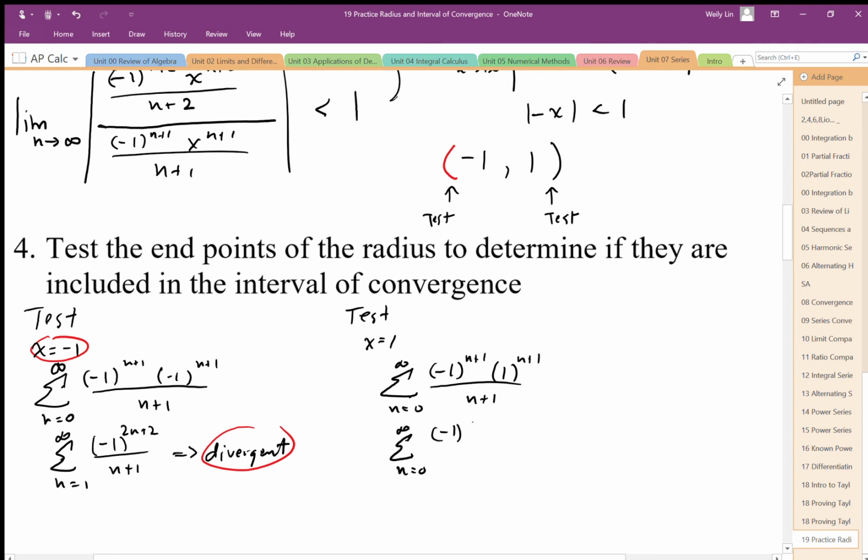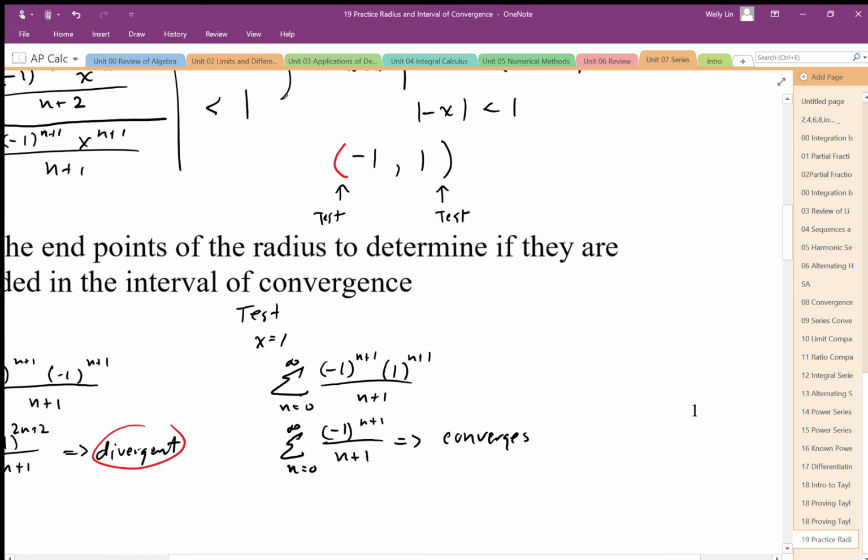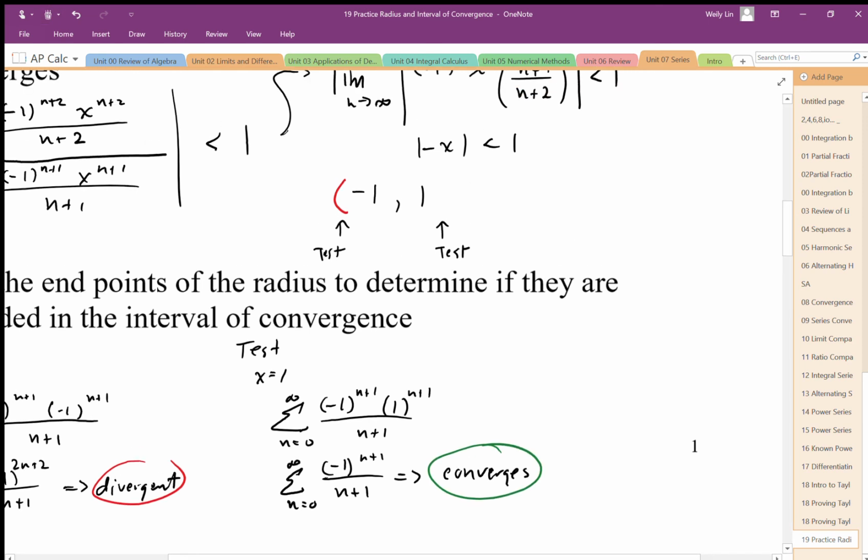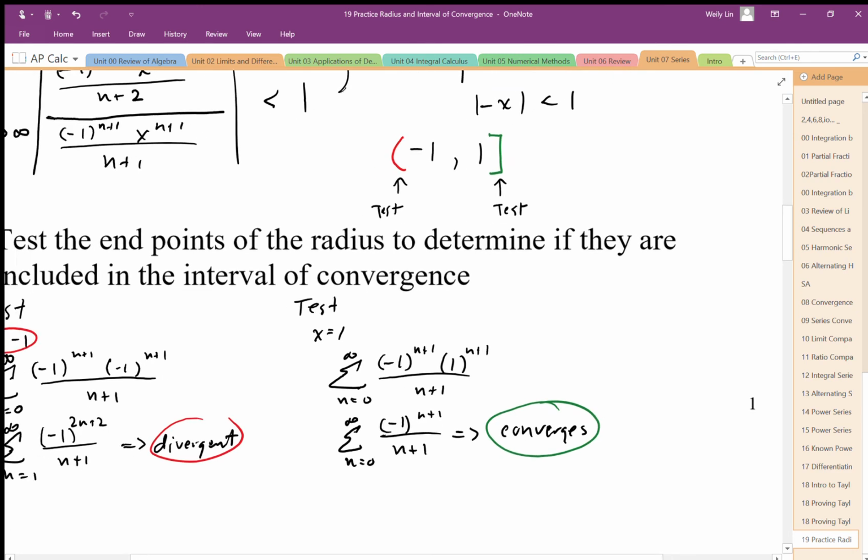So now we have an alternating harmonic series. We know this converges. Okay, so if this converges, then we can include that endpoint, so we now have a closed interval on the right-hand side there.